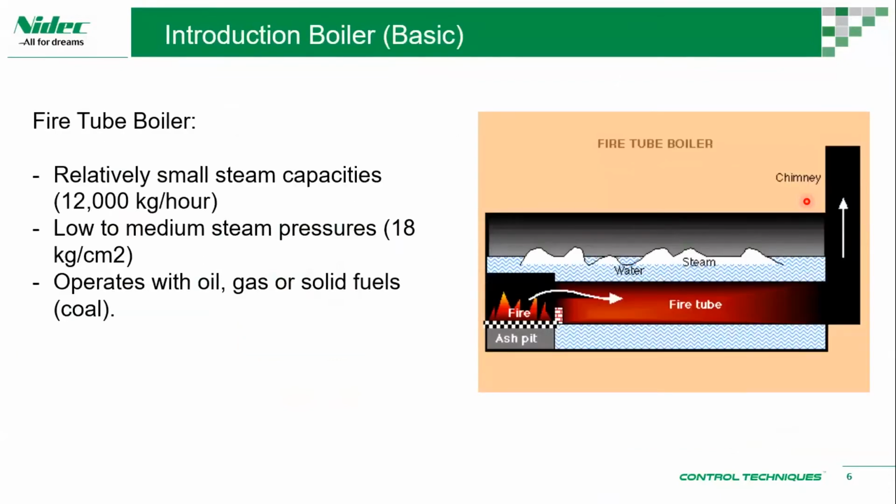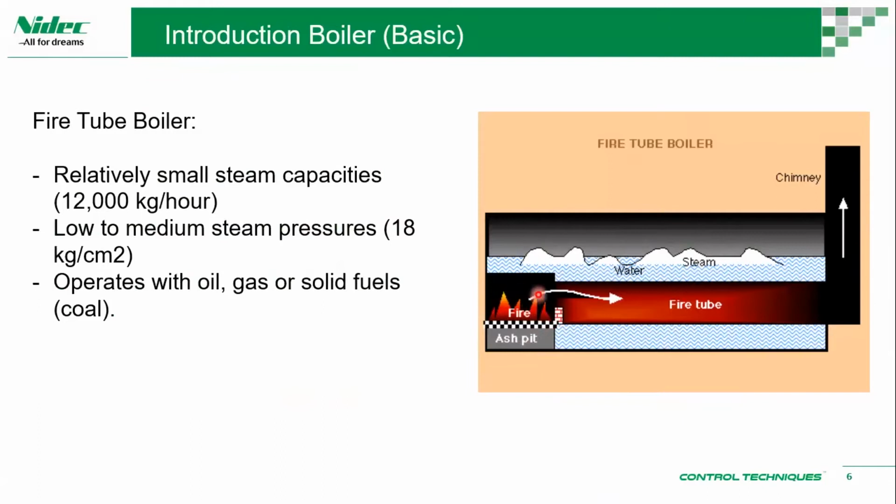Let's see a simple simulation of the boiler system. In the picture on the right, we have the fire tube boiler. We start from the fire, which transfers the heat.